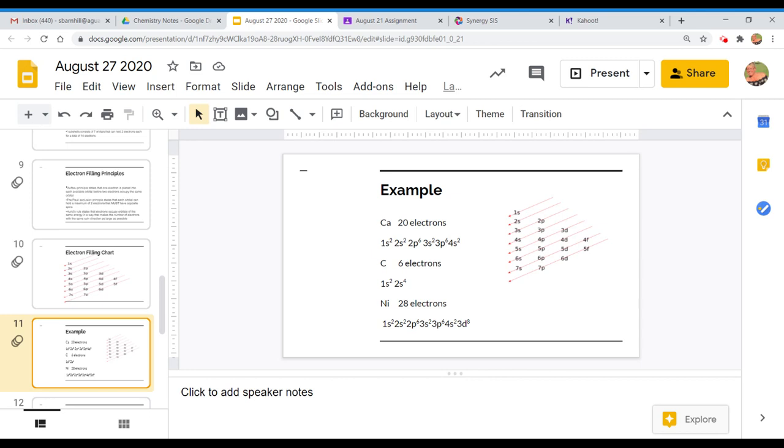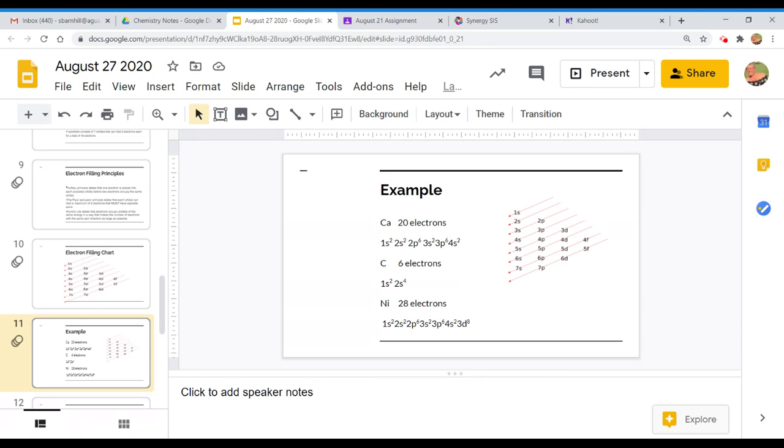So 1s, and I'm going to write 2 here as a superscript because that's how many electrons an s orbital can hold. Then I'm going to follow my arrows to the next available orbital, and that's the 2s orbital. 2s. And again, all s orbitals can hold 2 electrons.